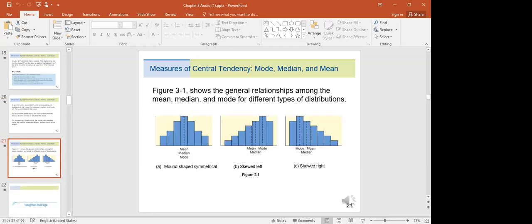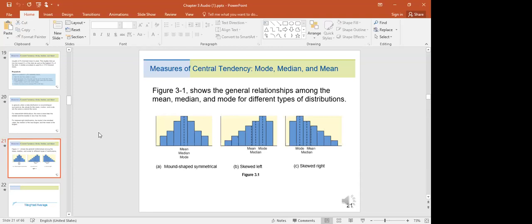So this graph represents what I'm talking about. For a symmetric mound-shaped graph, the median is equal to the mean and the mode. For a graph that is skewed to the left, the mean is less than the mode. For a distribution skewed to the right, the mode is less than the mean.